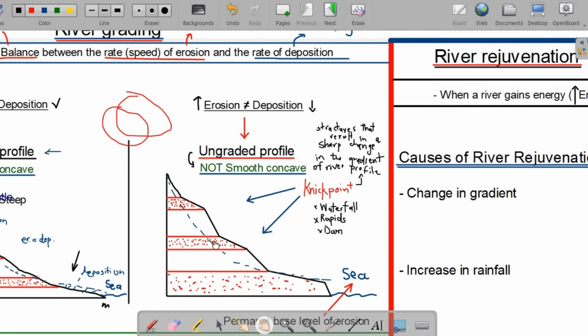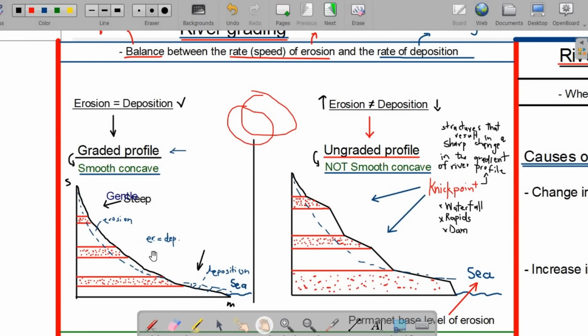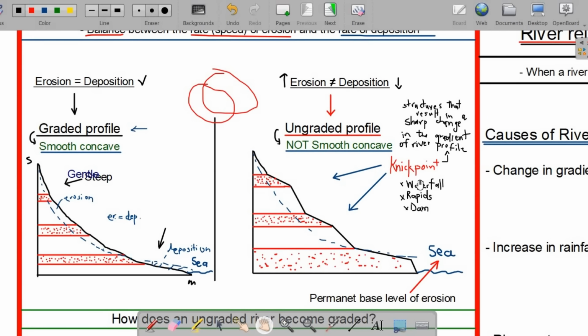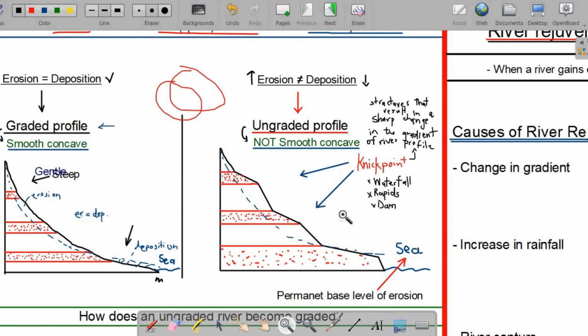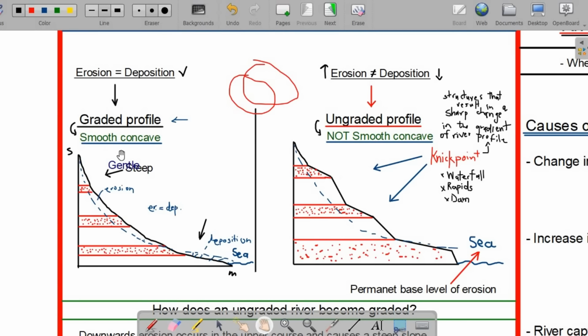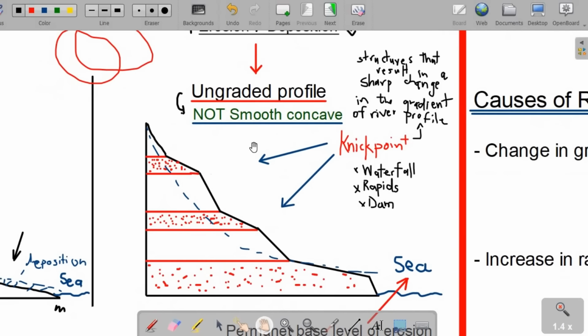It is not smooth concave. It's the opposite of the graded profile. It has those sharp changes, those nick points. Again, it could be waterfall, rapids, or dams. So it's simple to differentiate a graded profile from an ungraded profile, right? I hope you can see that. Okay, so again, in the graded profile, this can only happen if there's no balance between the rate of erosion and the rate of deposition, right?